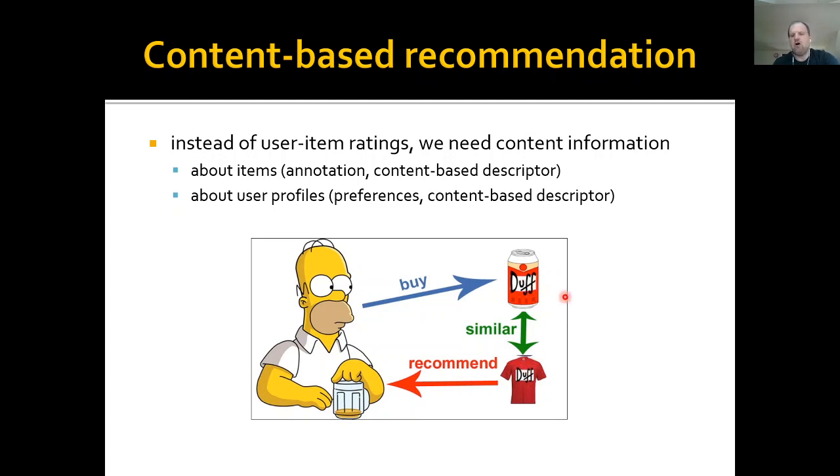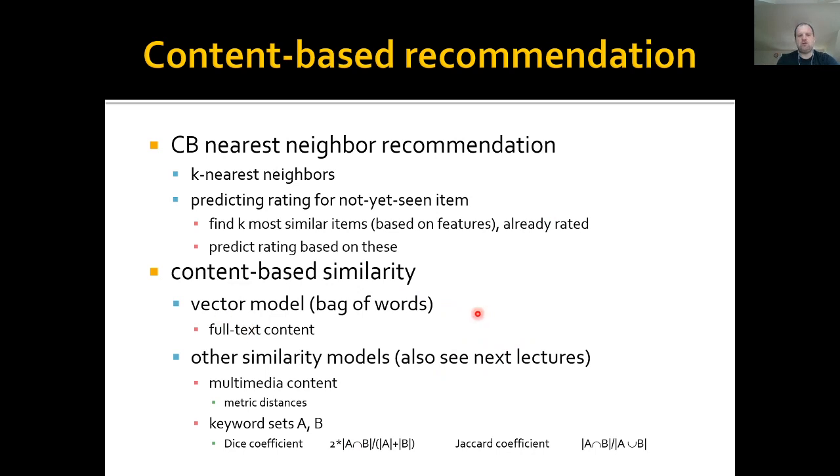If there is textual annotation attached to the items, we could again use the vector model by words. For full text similarity, we can measure these two items' text by the cosine measure. So we can have different features extracted out of the items. For multimedia, as I said, symmetric distances could be used. We will also discuss this in the next lectures.